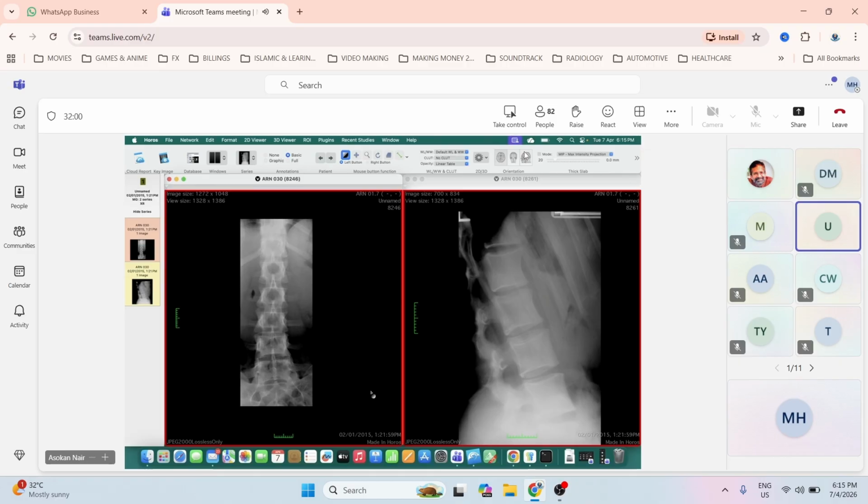No soft tissue mass, bilateral psoas shadows are preserved. On the lateral projection, I cannot appreciate any significant scalloping of the posterior vertebral body.